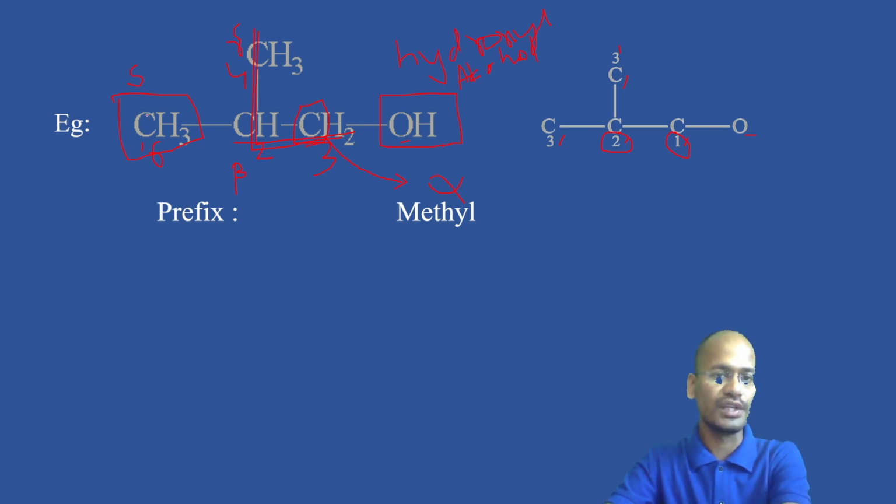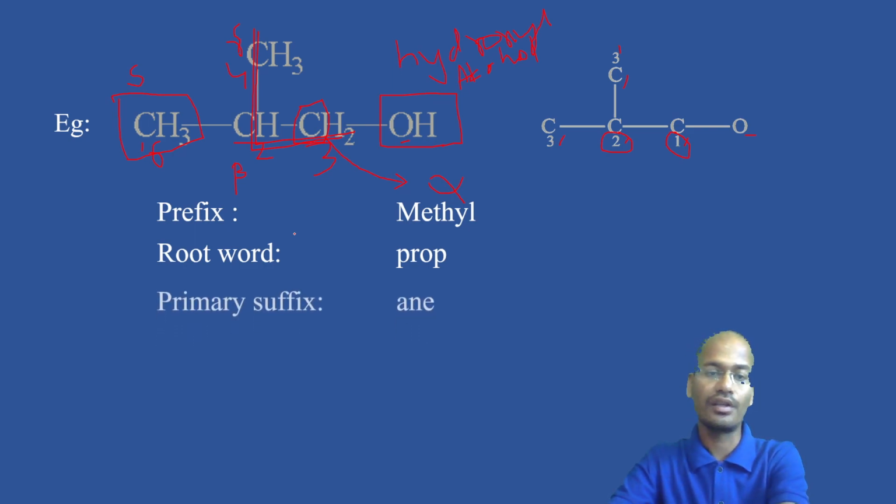So this is going to be a methyl group. So the prefix is going to be methyl, and for the root word, in this long chain that we have taken, there are 3 carbons, 1, 2, and 3. And so the root word is going to be prop.